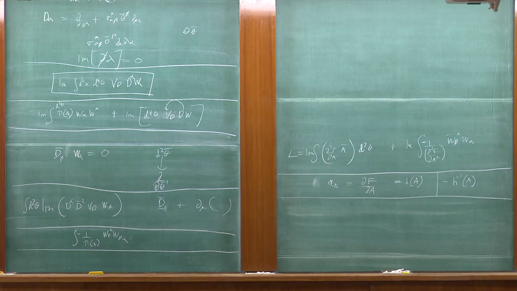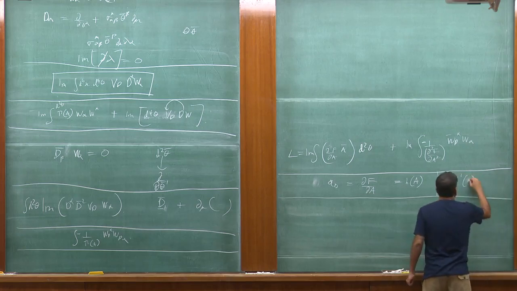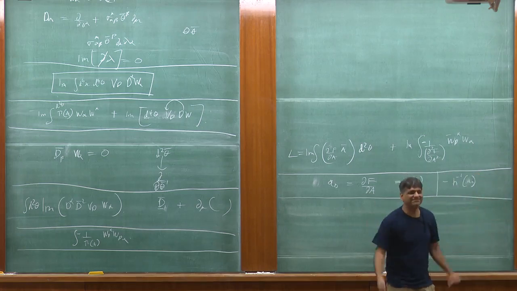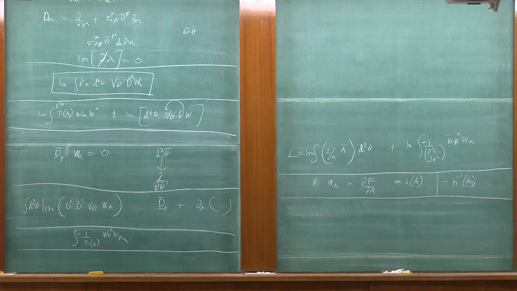The function minus h inverse, acting on AD, produces A. So that's the way of representing A as a function of AD.